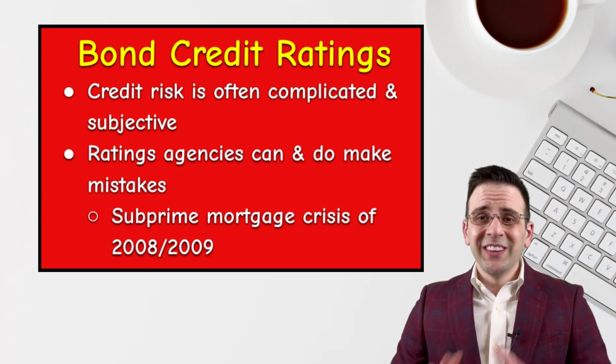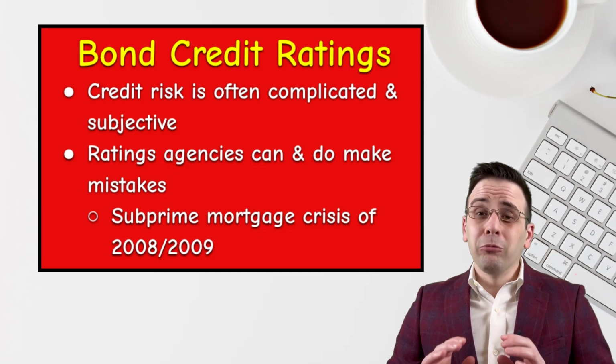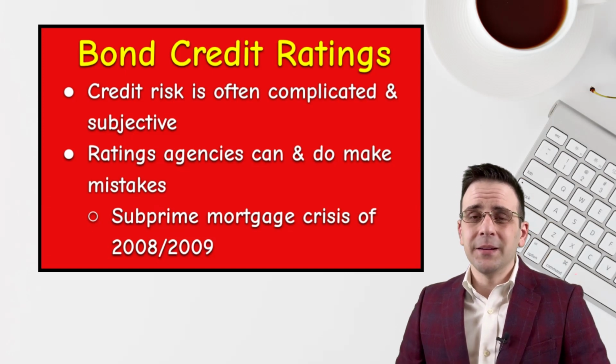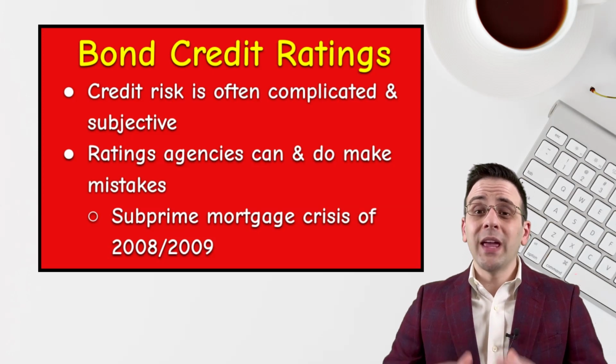As we'll discuss later, one of the primary causes of the subprime mortgage crisis was the fact that rating agencies did not fully understand or care to understand the risks associated with a special type of bond called a mortgage bond. Many of these bonds really had a significant level of risk, but were often given AAA ratings. Investors buying these bonds thought that they were very secure, but in reality, they were very risky.